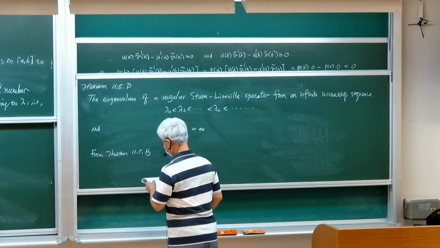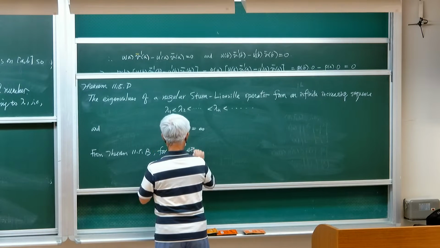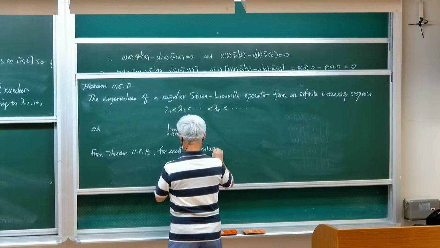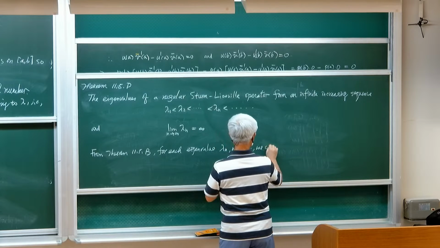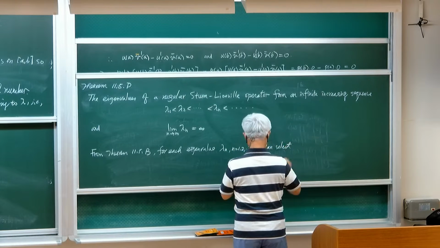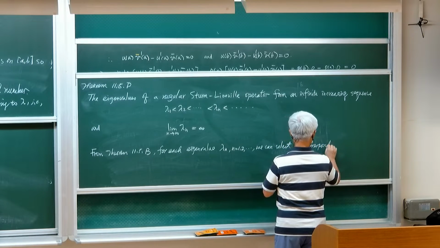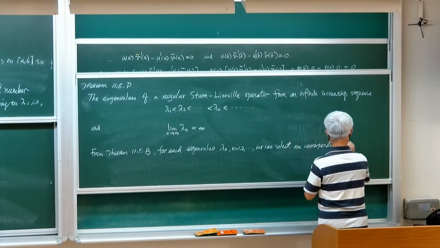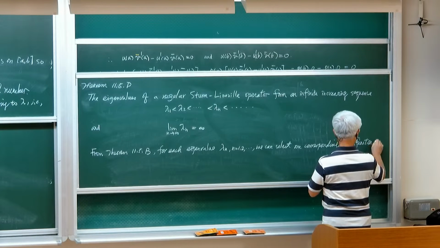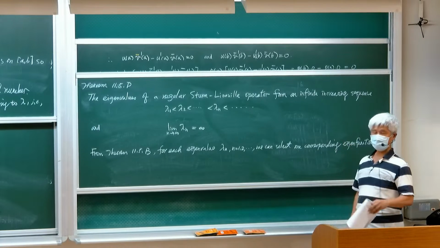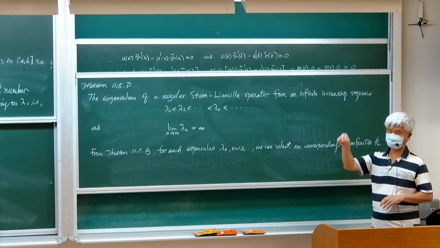So that means that for each eigenvalue lambda n, from 1 to etc., we can select one corresponding eigenfunction, say phi n. If you select other eigenfunctions, then they are proportional to each other, so you just take one.